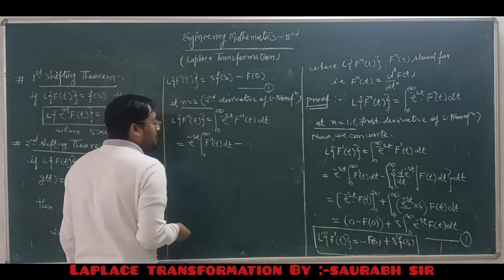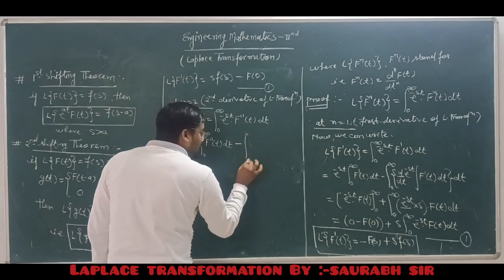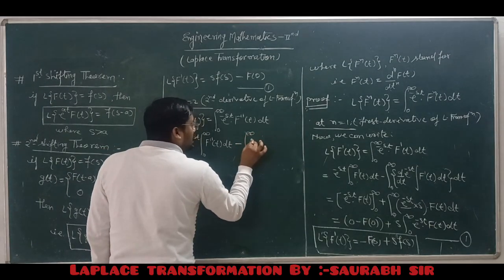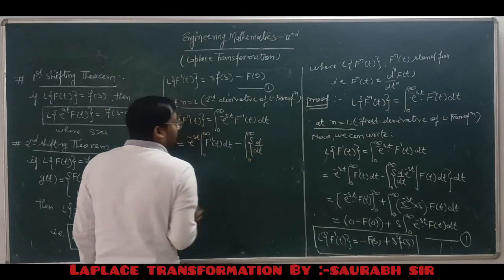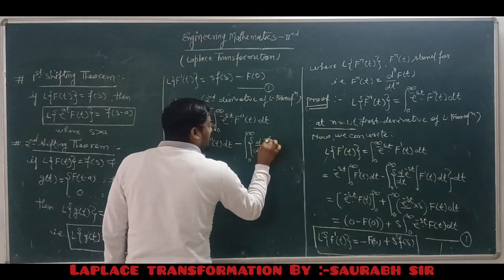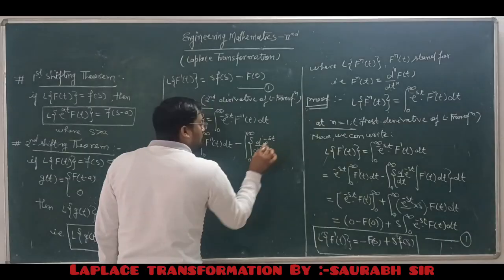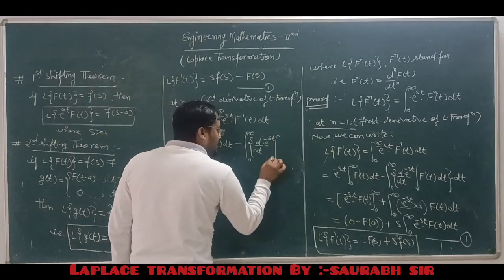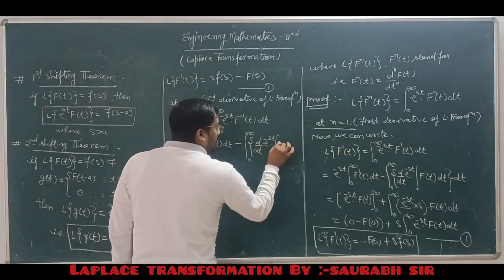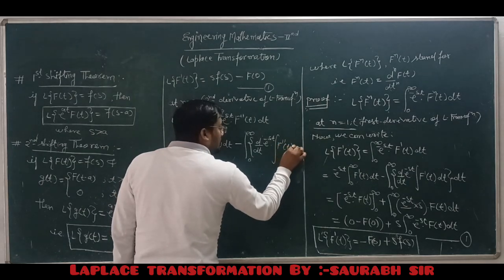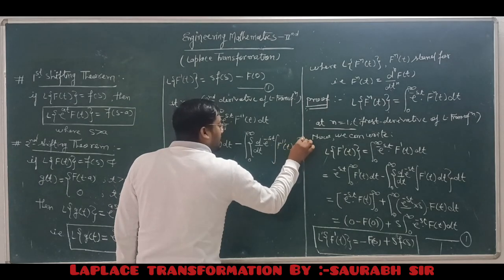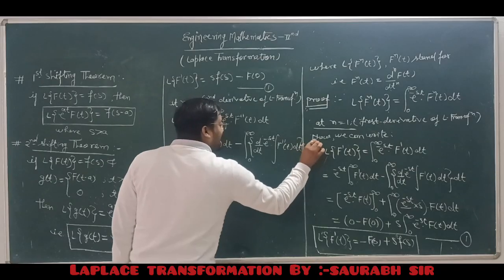Now second is the integral 0 to infinity of the bracket: differential of e to the power minus st into the integration of the second function f''(t) dt, bracket close, into dt.